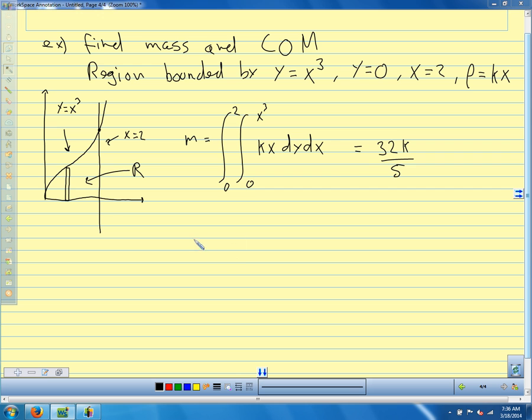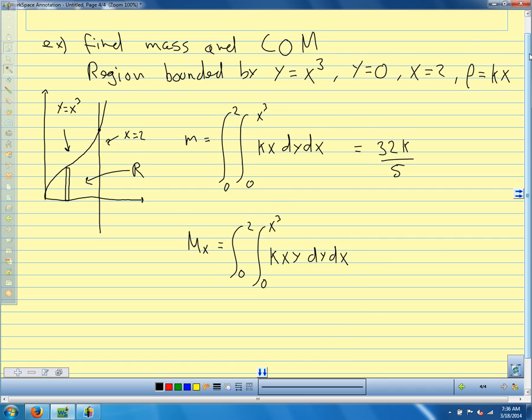And M sub x, moment about the x-axis. We have our region set up. We know our density. All we have to do is stick our distance from the x-axis into our integral. So we get the integral from 0 to 2, 0 to x to the third, kx y dy dx.